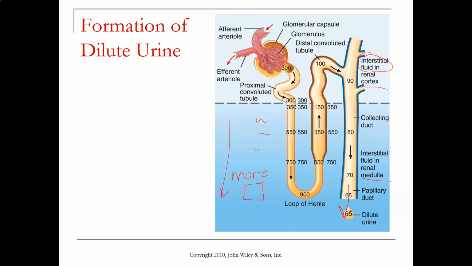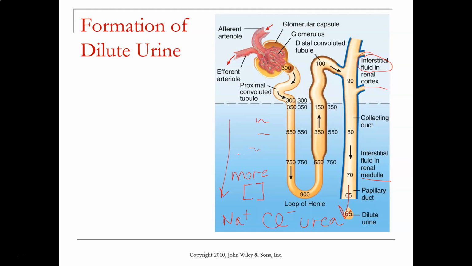And the three main solutes that create this concentration gradient are sodium ions, chloride ions, and urea, which, yes, is a waste product, but it's also used in helping to form this interstitial gradient.